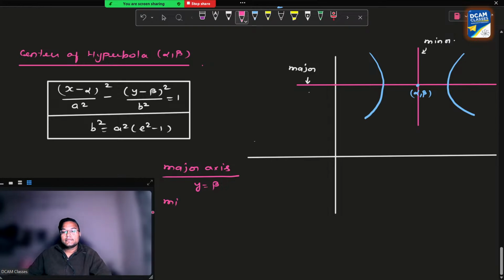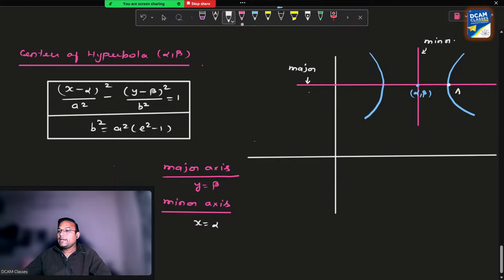Minor axis. Tell me. Anyone who knows the answer, just give me the answer. X equal to alpha. Very good. These two you have got. So, acha, the points A and A dash, what will they be?